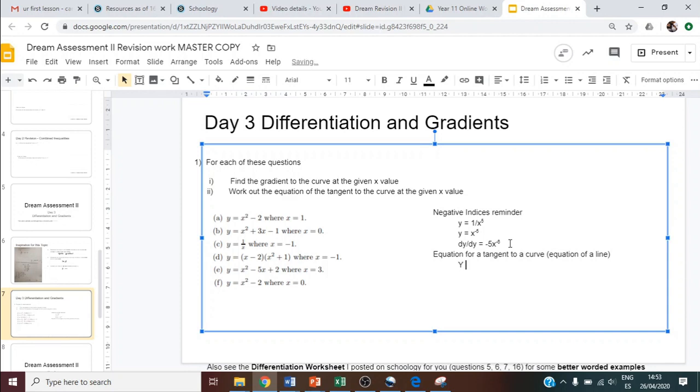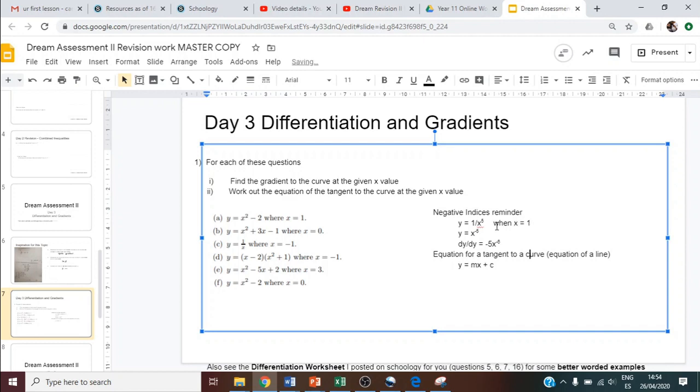And I've already got the gradient. When I substitute in here, for example, let me say I want to write the equation of the line, so the gradient of the line, where x is equal to 1. x equals 1.